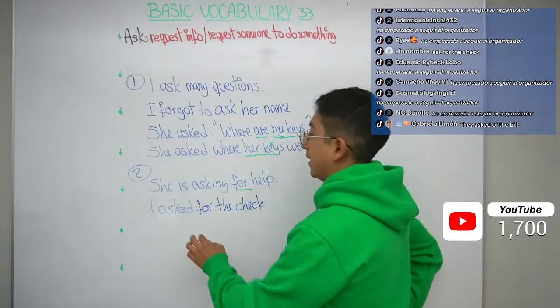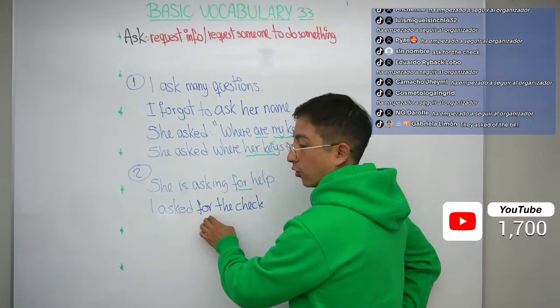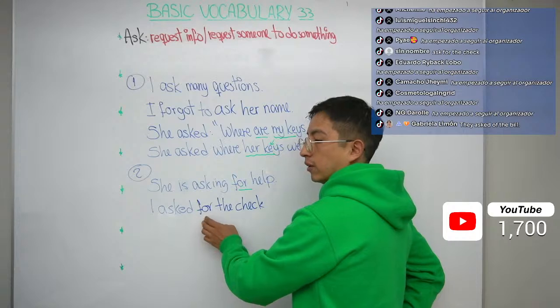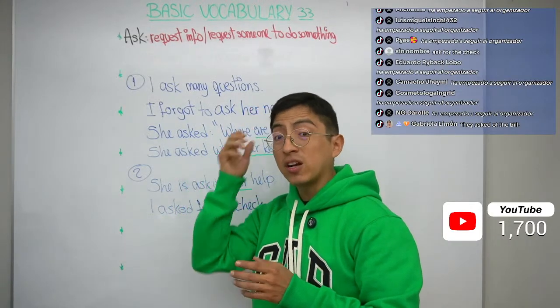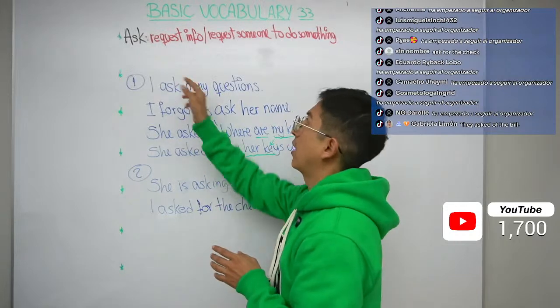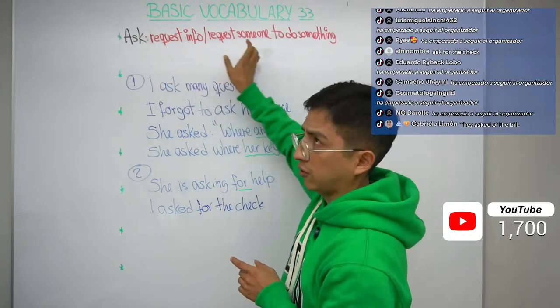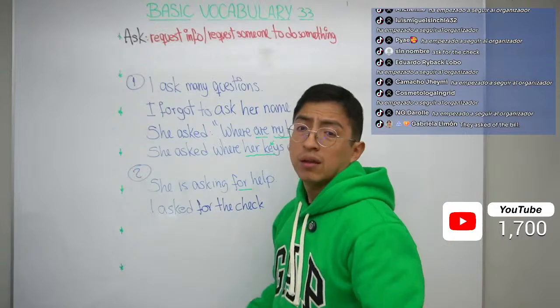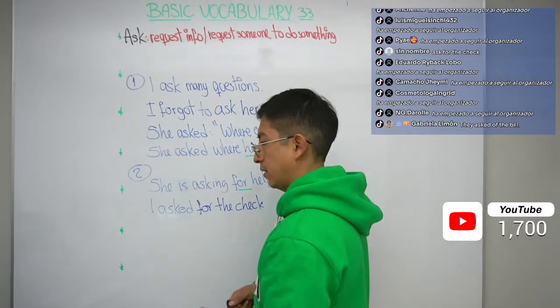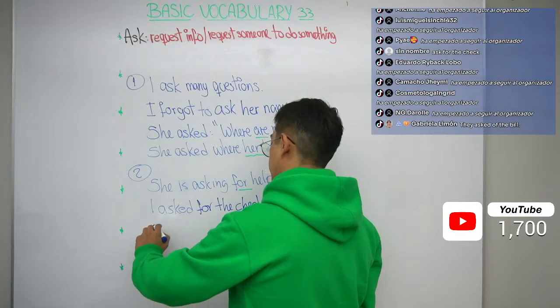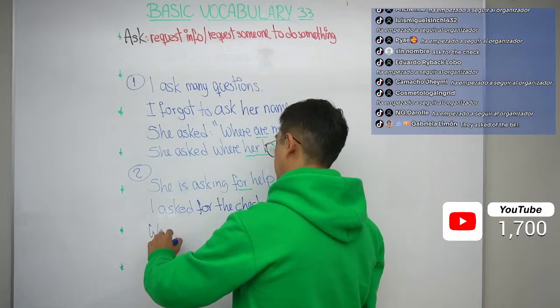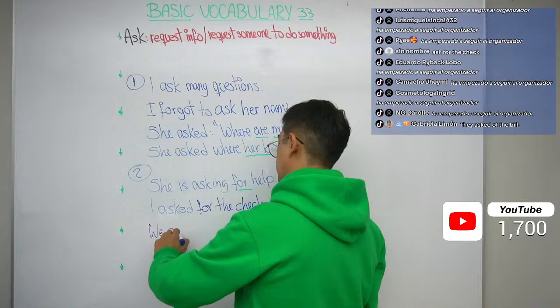So, asked for. Yes, ask for. Now, keep this in mind, guys, because this is not a question. One more time. We are asking someone to do something. One more example here. We can say here, we asked.